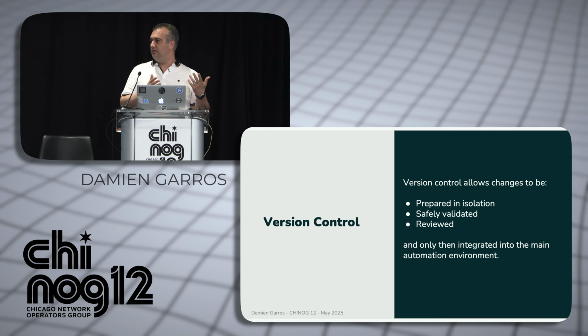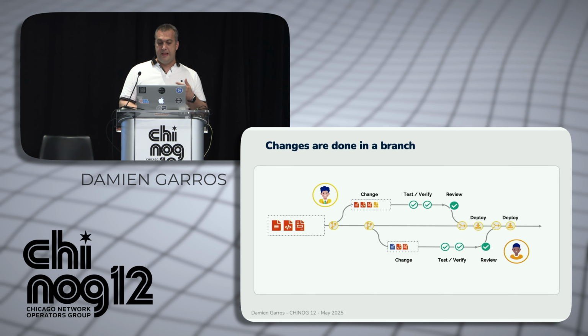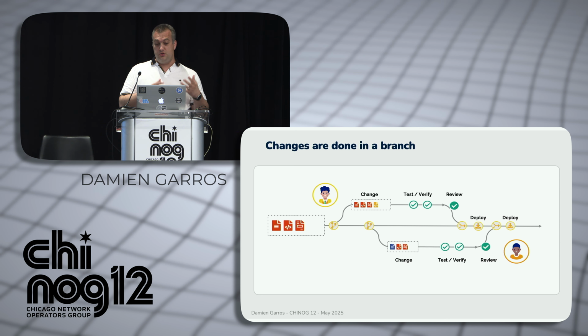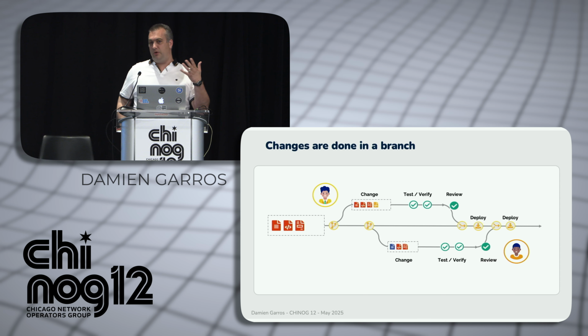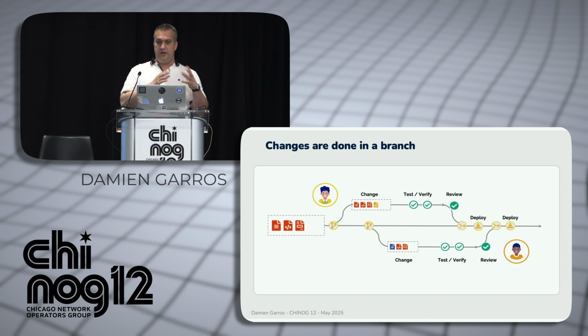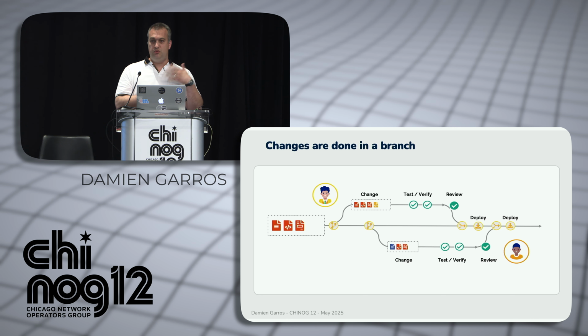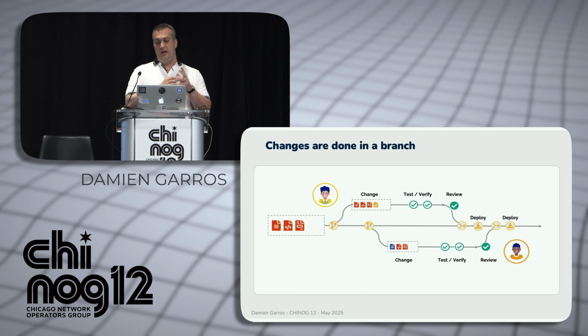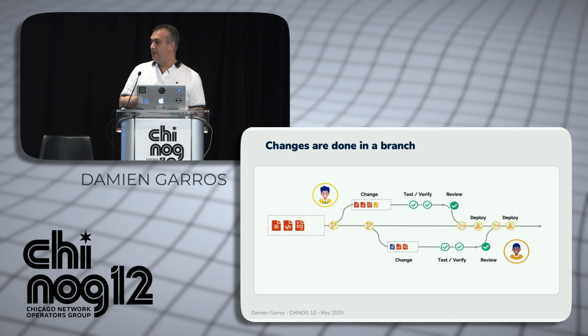Who doesn't want that? That's, I think, the dream of everyone in operations. If we look at the way it works, there's this concept of a branch, and a branch will be able to make a change completely isolated from the rest of the system. We'll have the ability to run validation, and then we can review, and then we can deploy, and then we have multiple systems.